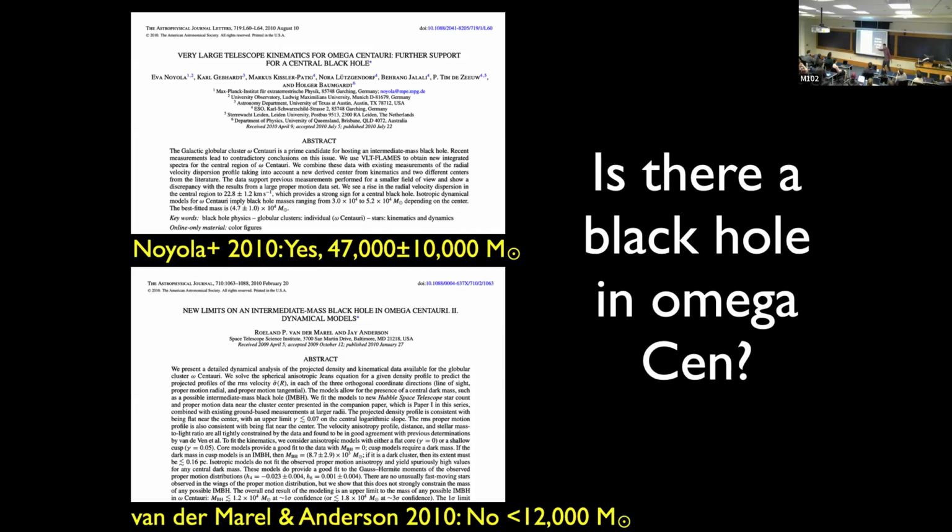In the exact same year, Roeland van der Marel and Jay Anderson wrote a paper and said, no, there is no black hole. The upper limit on the mass of the black hole is 12,000 solar masses, and our kinematic data, which was different data, does not support there being a black hole here.